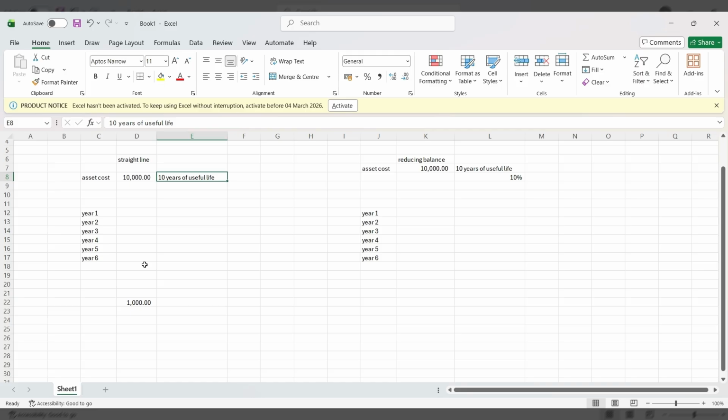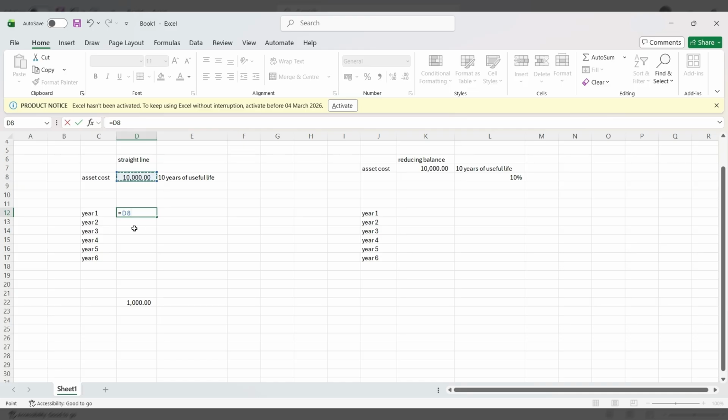Because it's got 10 years, this is going to keep going until eventually there's a net book value of 0. So in year 1, the asset value is 10,000 minus this 1,000 because it's gone through a year of depreciation, which leaves us 9,000.